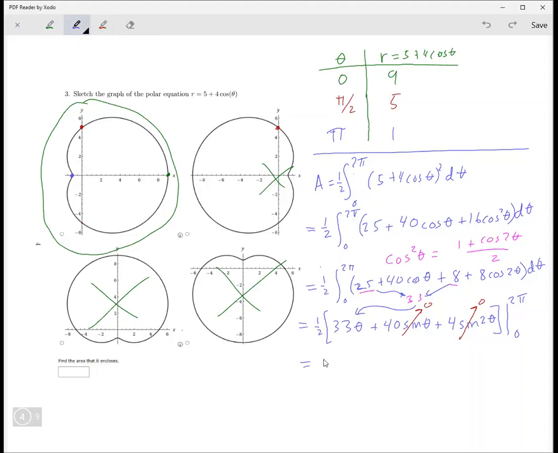And so we have 33 over 2 times 2 pi minus 0. So that's 33 pi. Any questions about that? I think this one was really similar to the last exercise.